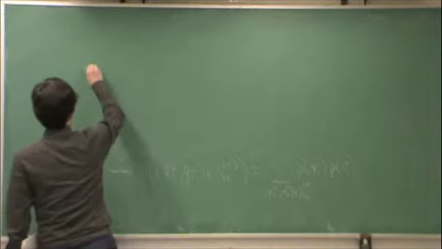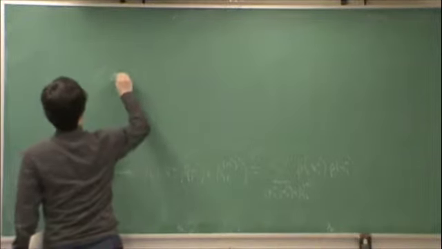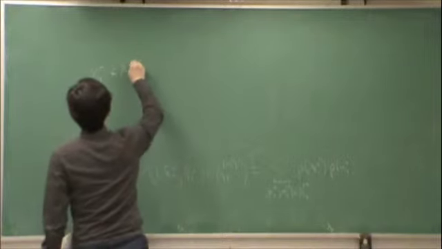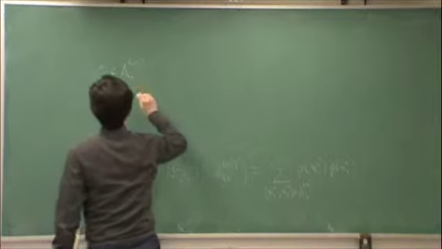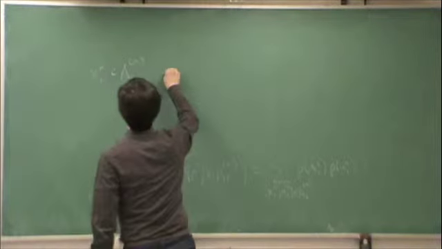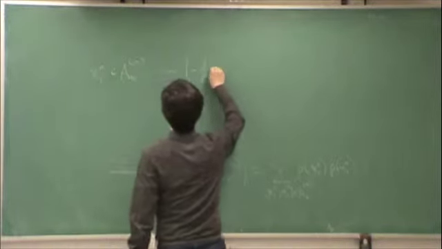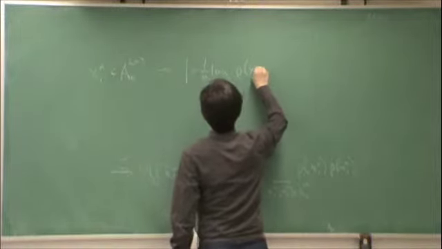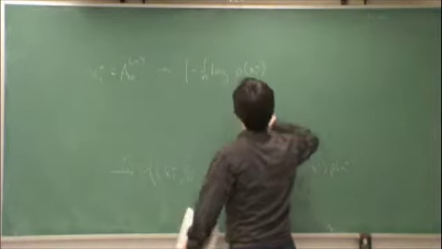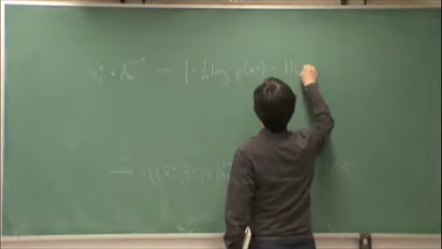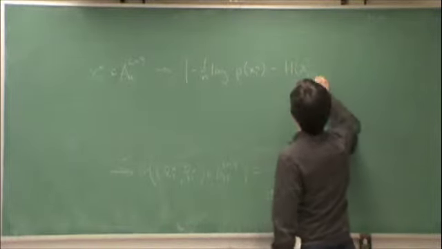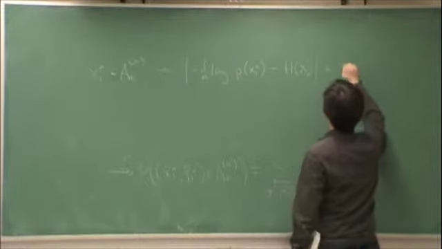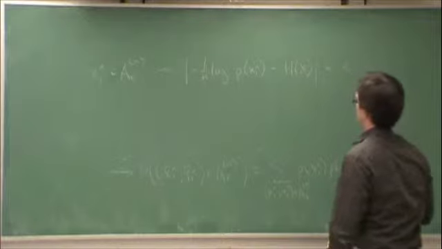Remember that the typical set, if x is a component of one of the pairs in the typical set, then it must be true that minus n log probability x from 1 to n minus the entropy is less than epsilon, or less than or equal to, doesn't really matter.